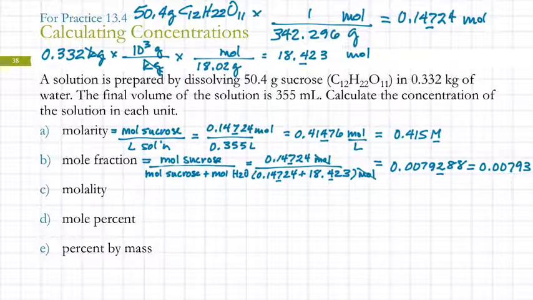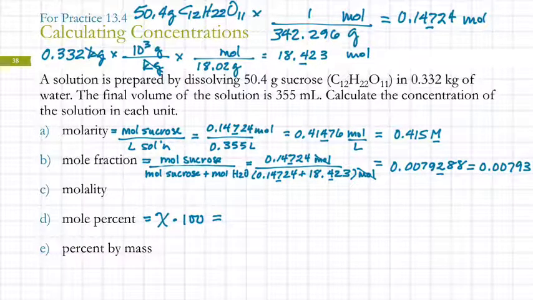Which of these other concentrations would be very easy to do right now? The mole percent. The mole percent is the mole fraction times 100. So this equals mole fraction times 100.